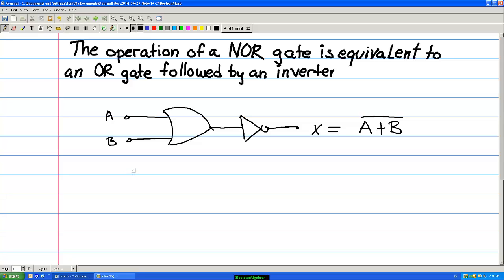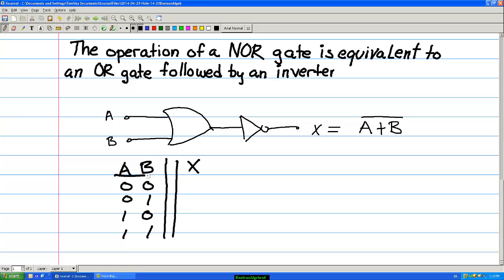So let's investigate the truth table for a NOR gate. Let's first write down the truth table for an OR gate. So if we had A, B, two possible inputs, write down all these combinations here: 0, 0, 0, 1, 1, 0, and 1, 1. The output for X would be 0, 1, 1, 1.